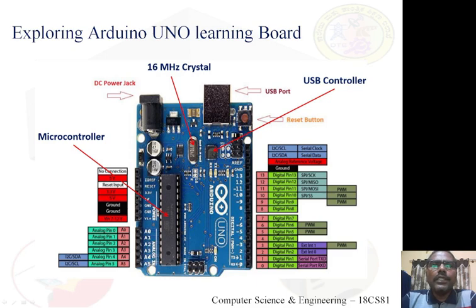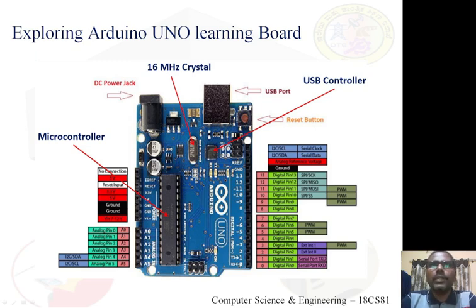At the left side, you can see there are 6 analog pins, labeled A0, A1, A2, A3, A4, A5. The arrow shows the microcontroller, that's an Atmega 328P processor. I can call it a microcontroller rather than a processor.